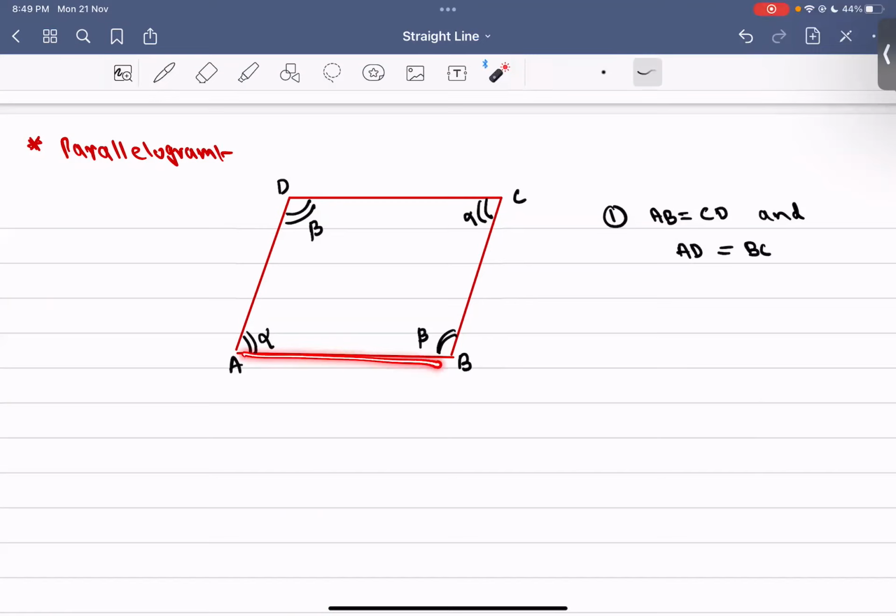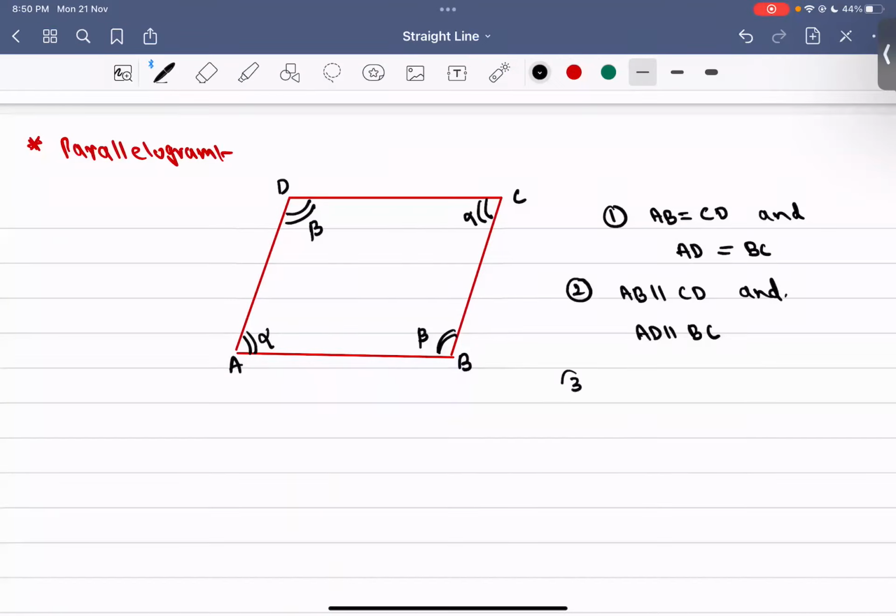That is, AB is equal to CD and AD is equal to BC. Next, second one is AB must be parallel to CD, opposite sides, and AD is parallel to BC.